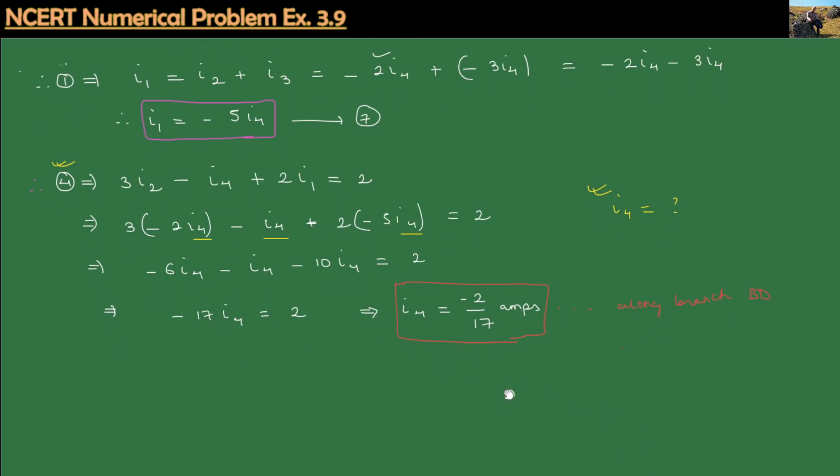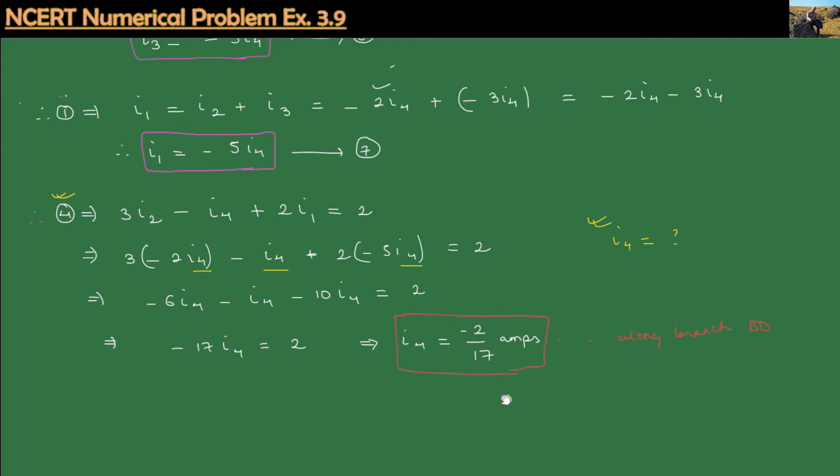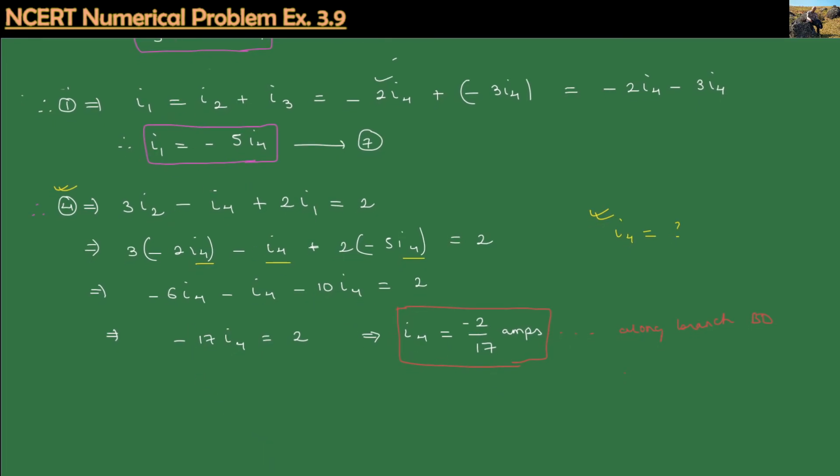Next, once we know i4, we can easily find i1. Let us first find i2. The value of i2 will be minus 2i4, and i4 is minus 2 divided by 17.